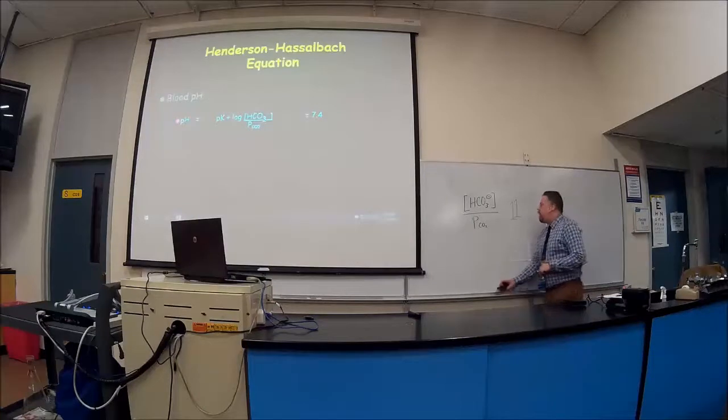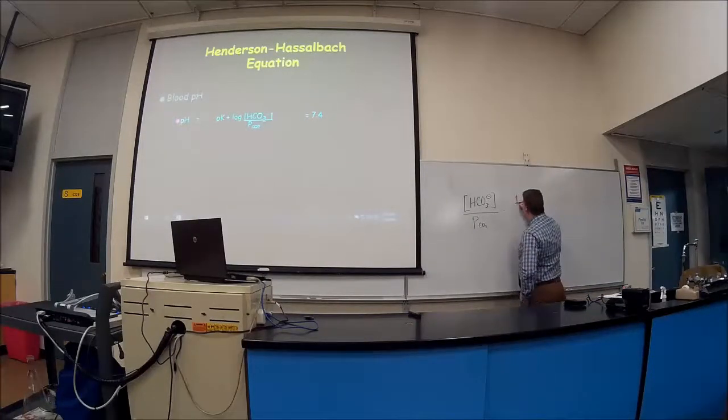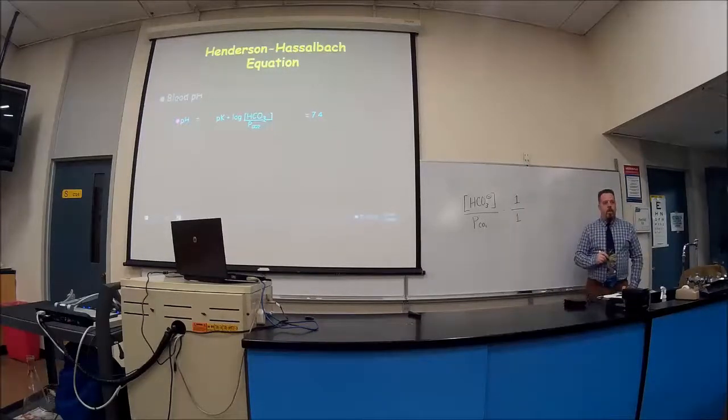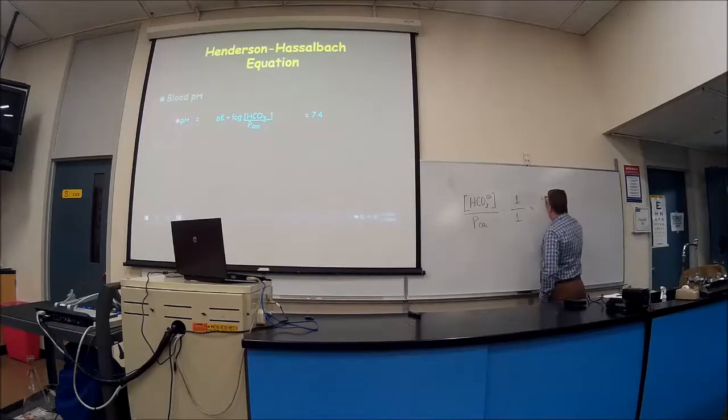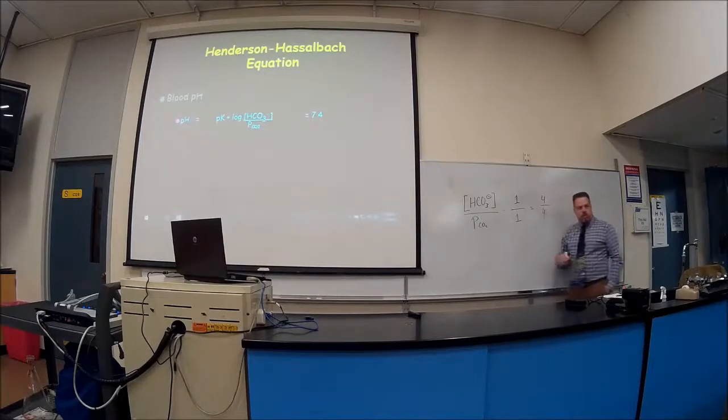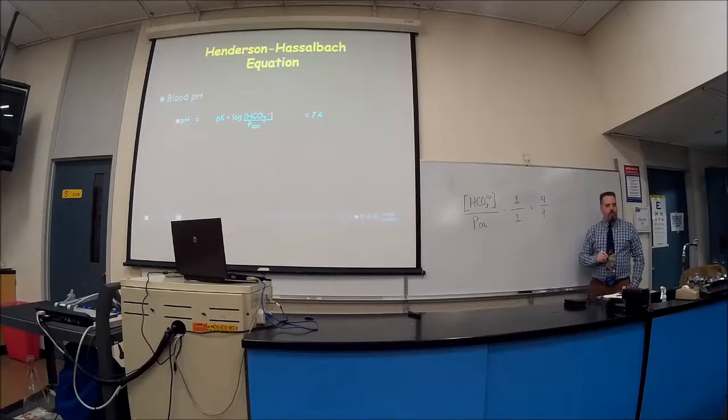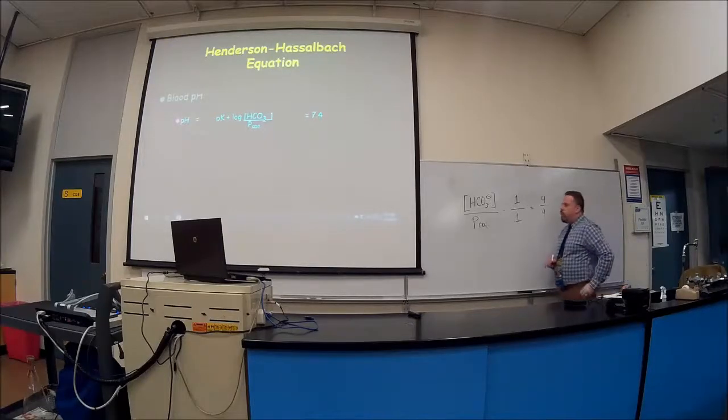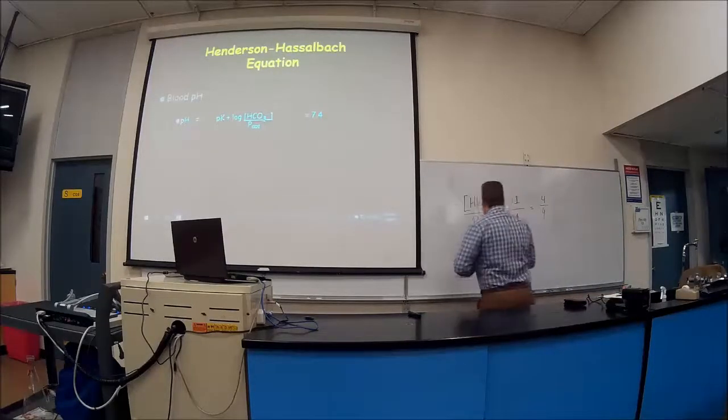But I could write this by saying 1 over 1. Isn't that the same thing? Isn't it the same thing if I do 4 over 4? Doesn't that still equal 1? You agree with that? Okay? So this is what's going to happen.